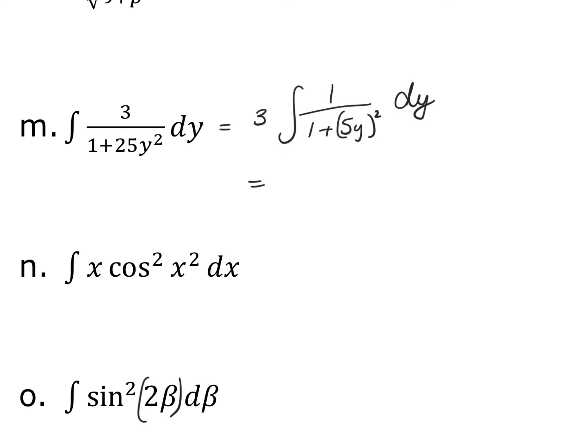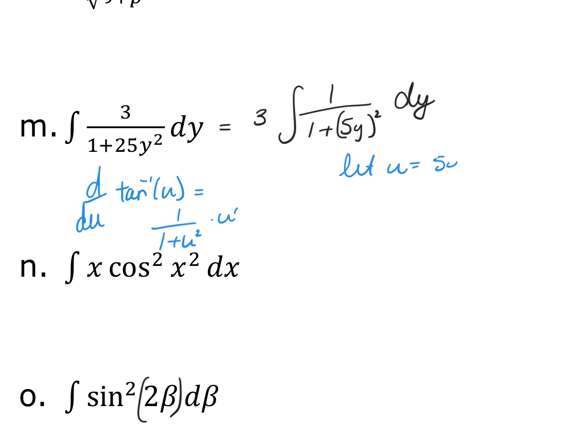Because we know that if I do d/du of the tangent inverse of u, this would be 1 over 1 plus u squared times u prime. Oh, so I guess I kind of do have a u sub.